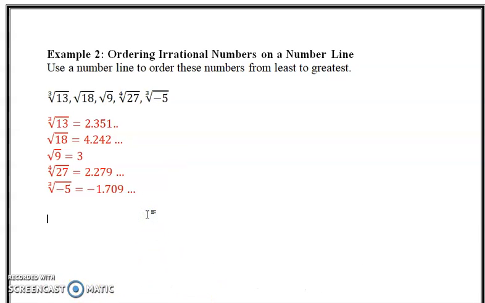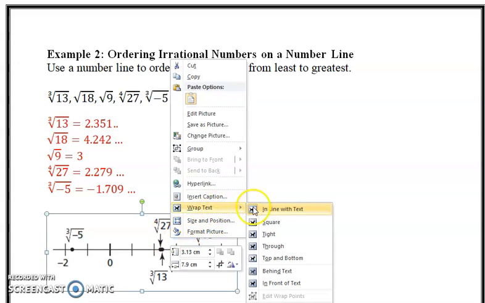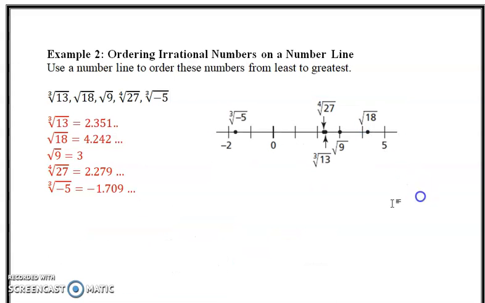When we mark these on a number line, this is what a number line looks like. I took that from the textbook. The cube root of -5 is just a little bit more than -2, because it's -1.709. The square root of 18 was 4 and a little bit, so it's a little more than 4.